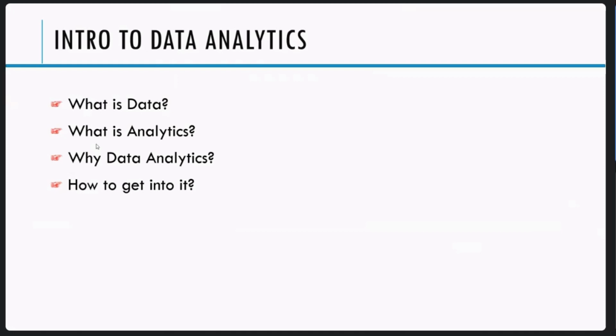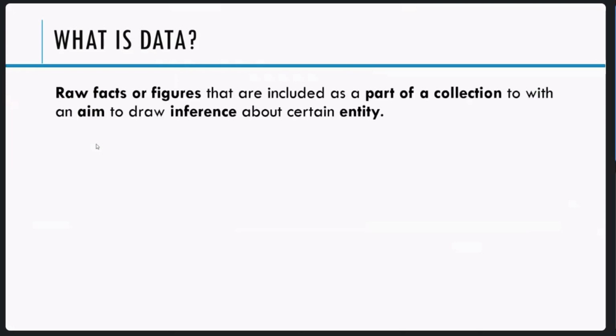So first of all, let's know what is data. Data are raw facts or figures that are included as a part of a collection with an aim to draw inference about certain entity. What does this mean?